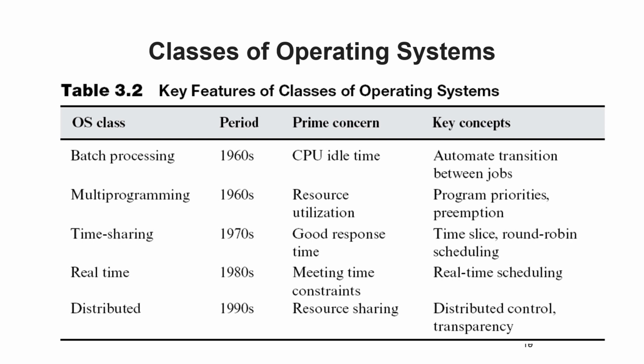In multi-programming systems, multiple programs execute at a time, so the resource utilization is very high when compared to the previous one.